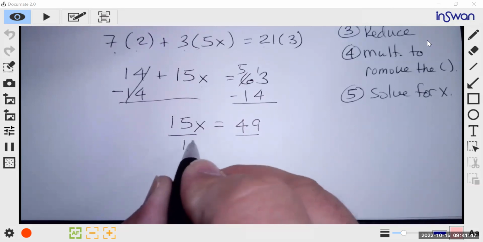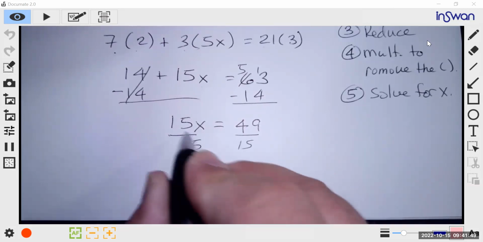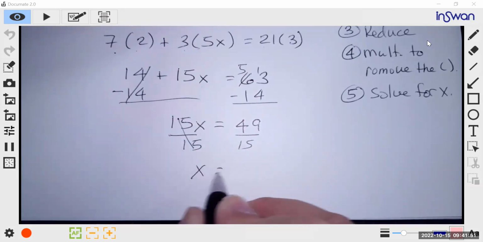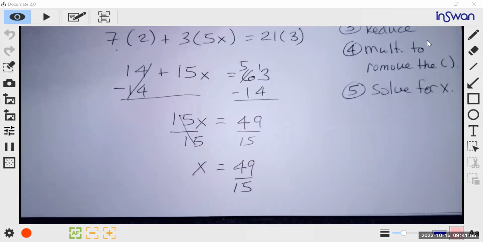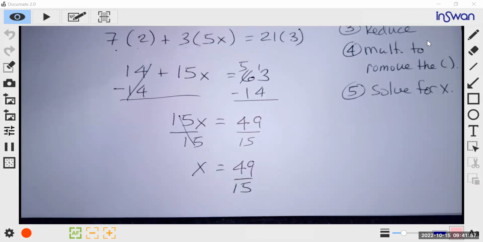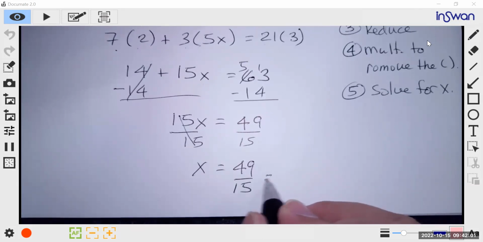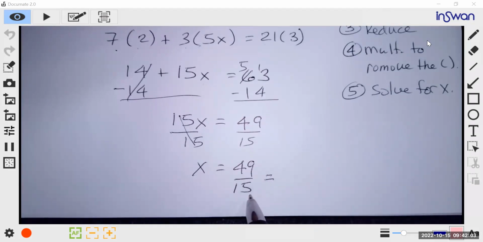And divide both sides by 15. 15 goes into 49 how many times? 15 times 2 is 30. 15 times 3 is 45.